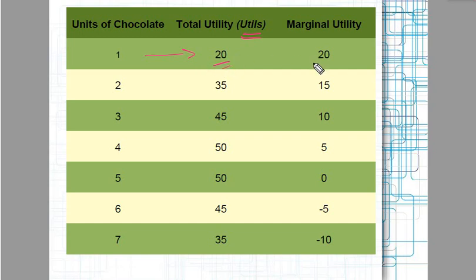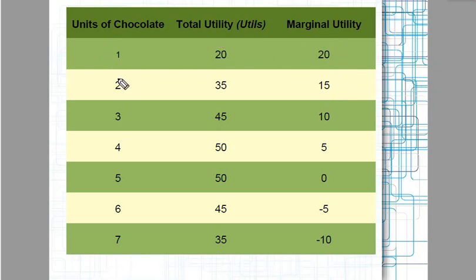So you get 20. The change in utility, of course, when you consumed nothing, as far as the chocolate is concerned, you didn't derive anything from the chocolate. So the total utility was 0, and the change in utility was also 0. When you consume the first unit of chocolate, you got some satisfaction from it, and the change in your utility from that piece of chocolate was also 20.